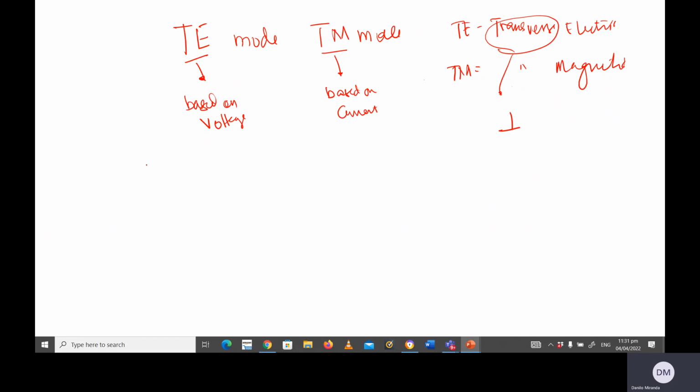Now, it is also experimented that TEM, transverse electromagnetic mode, does not allow for rectangular waveguide. We will see later.